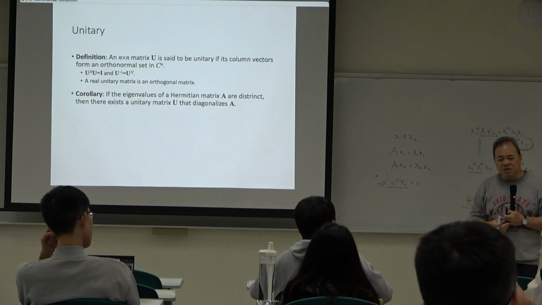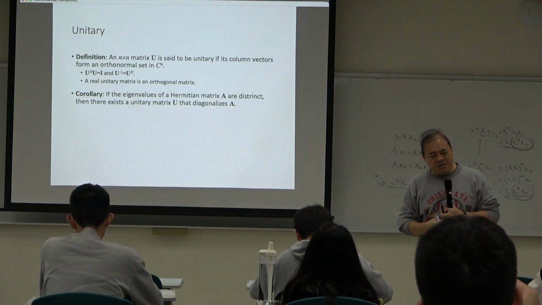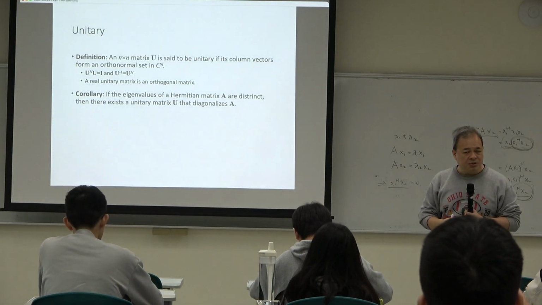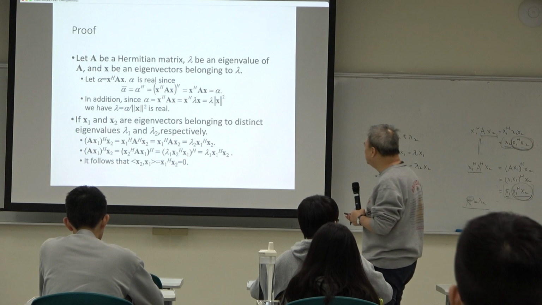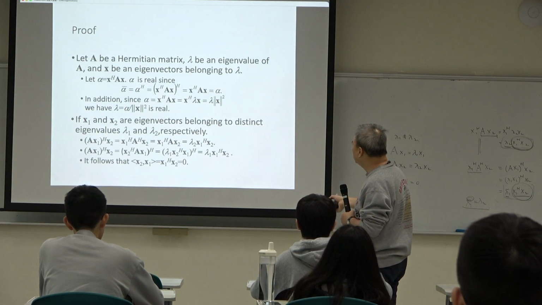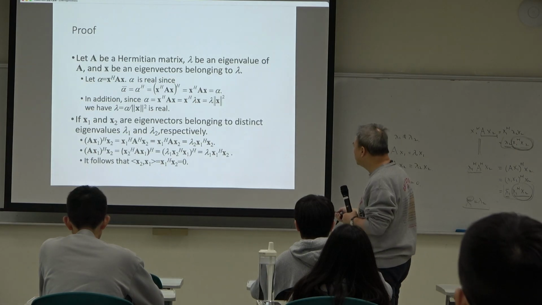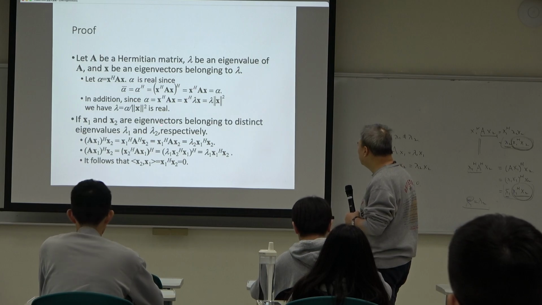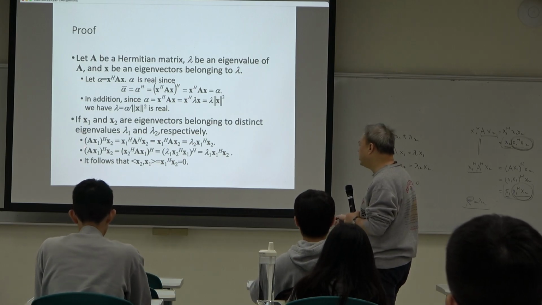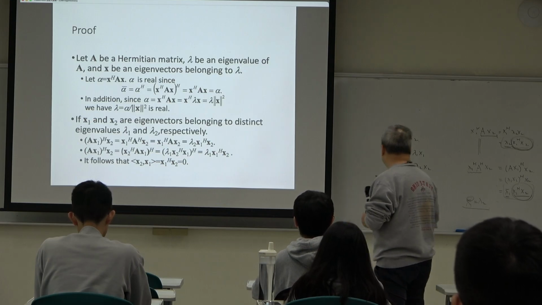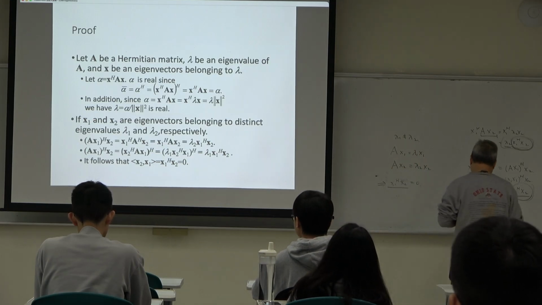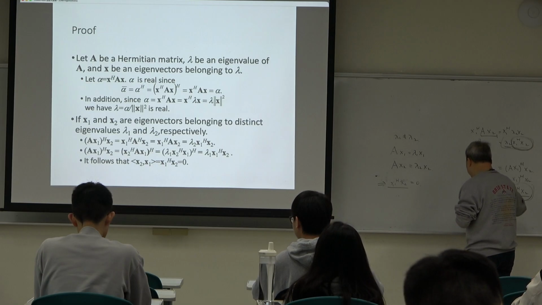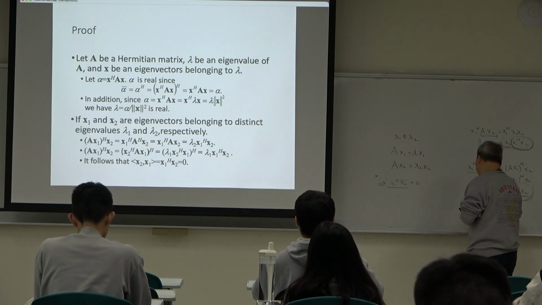But for a Hermitian matrix, its eigenvalues are all real. For a Hermitian matrix, the eigenvalues are all real. Did I talk about this? I think so, right? Actually, we proved this. Because the eigenvalues are real, for lambda 1 and lambda 2 you don't need to write a conjugate, because the conjugate of a real number is the same as itself.